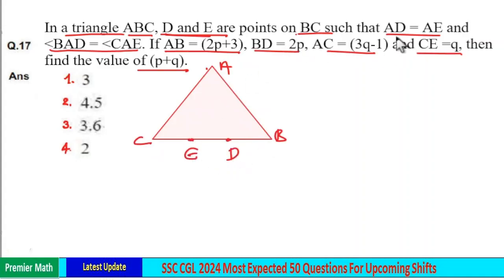Now, D and E are 2 points on BC. And AD is AE. That is, these two lengths are equal. And angle BAD is equal to angle CAE.